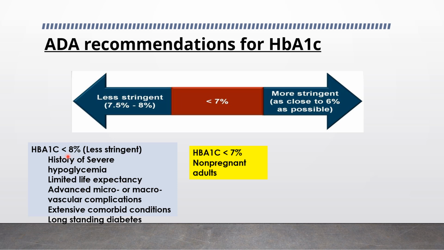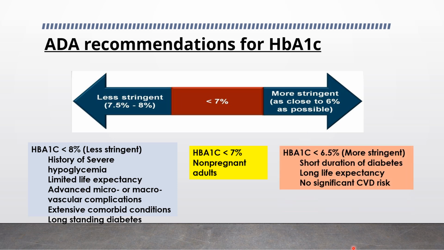Here the criterion is less than 8%, while if it is a short duration of diabetes or longer life expectancy, then a more stringent criterion is to be followed, and there the HbA1c level should be less than 6.5%.